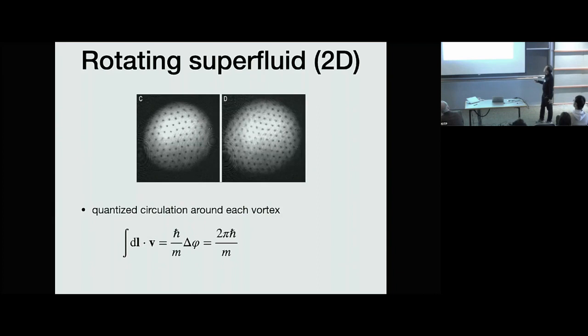The rotation will be accommodated by quantized vortices. Around each vortex, the circulation of the fluid is quantized, and depending on how fast you want the superfluid to rotate, the density of the vortices may be large or small. The faster you rotate the superfluid, the denser the vortices are.